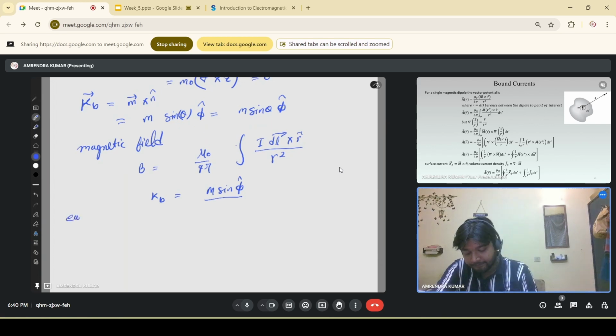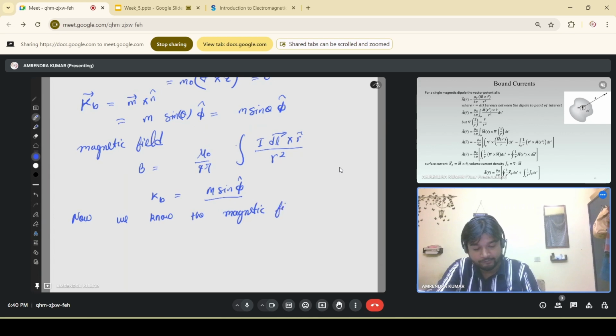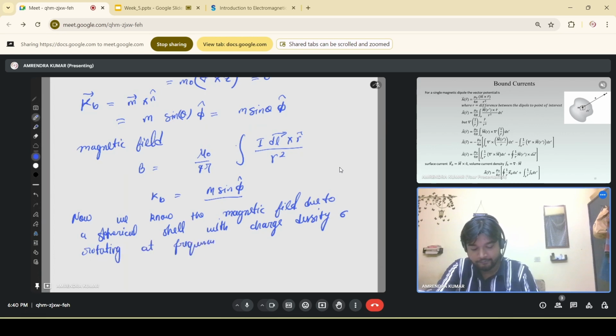Earlier, now we know the magnetic field for a spherical shell with charge density sigma rotating at frequency omega.